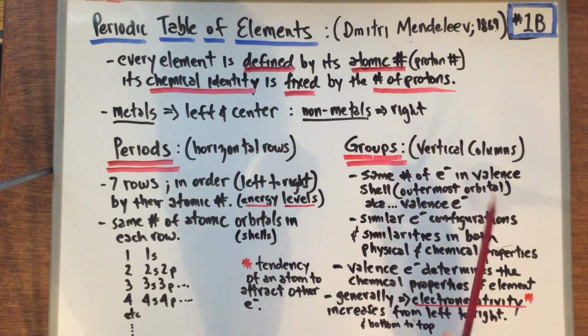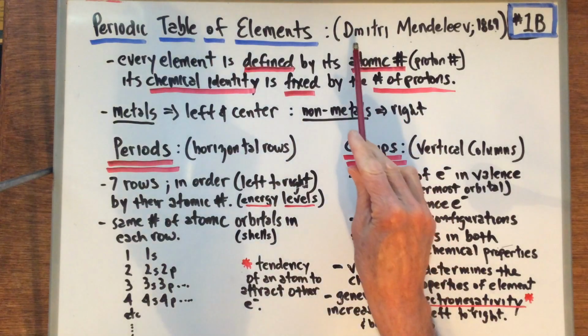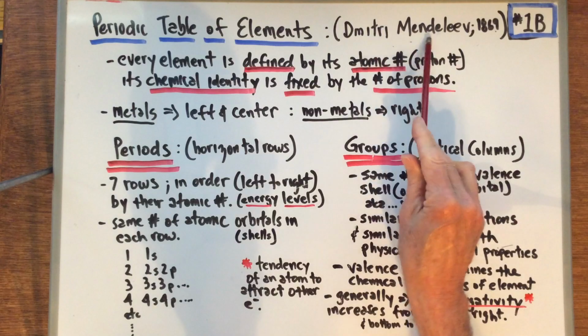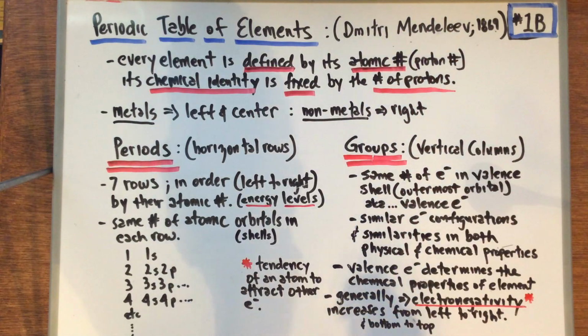It wasn't until around 1869 or so that the Russian scientist Dmitri Mendeleev, and you'll see the spellings of his name many different ways, depending on what dialect you're in. But Mendeleev is really known as the father of the periodic table of elements.